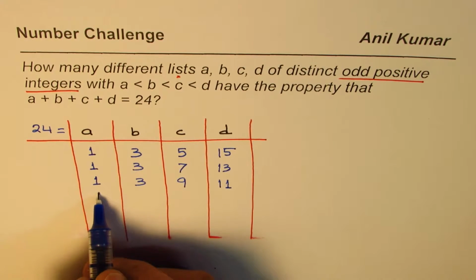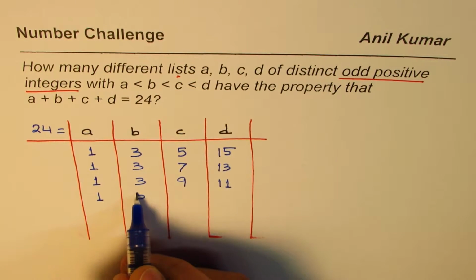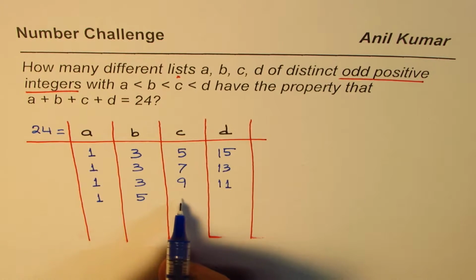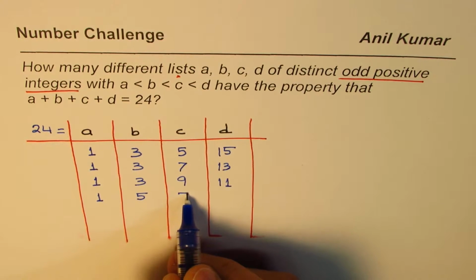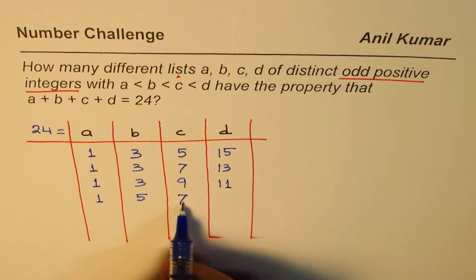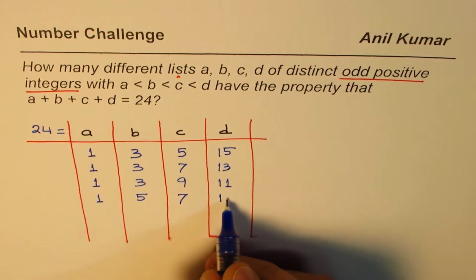So let's now start with 1 and next take 5. Okay, so 1 and 5. So 1 plus 5 is 6. The next number here should be what? Well, let's try 7. 6 plus 7 is 13. And so to reach 24 we need 11.